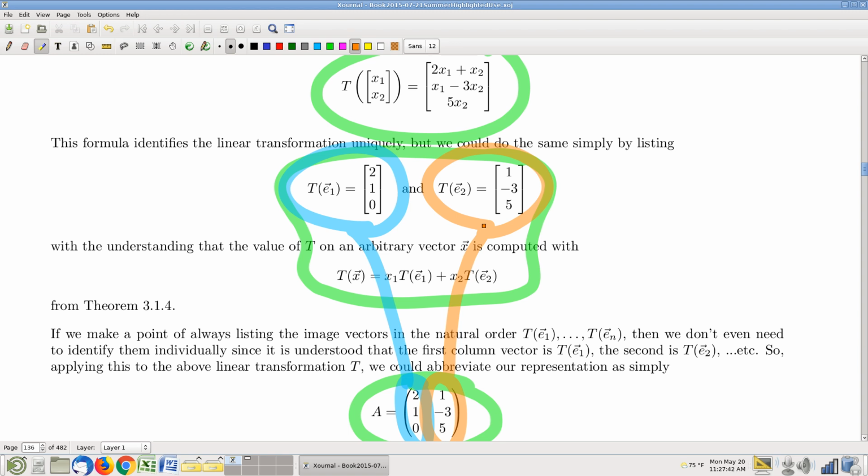And so all of the information in the original formula is implicit in what I've written down here, right? The columns tell you the standard basis images. The fact that it's a matrix tells you that it represents a linear transformation, and therefore you know linearity is part of what this function is, and therefore you have all this information. Okay. All right, so very handy notation.